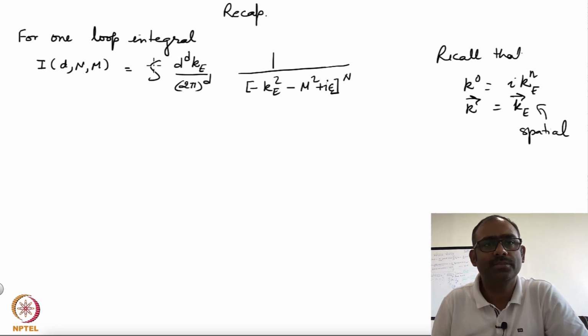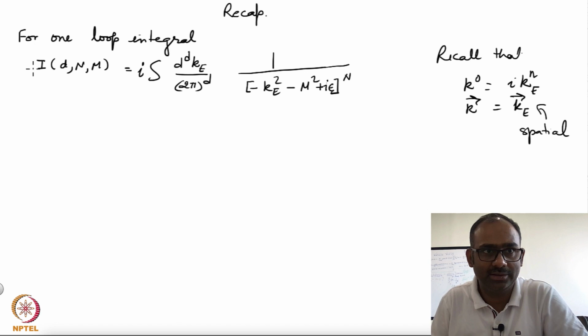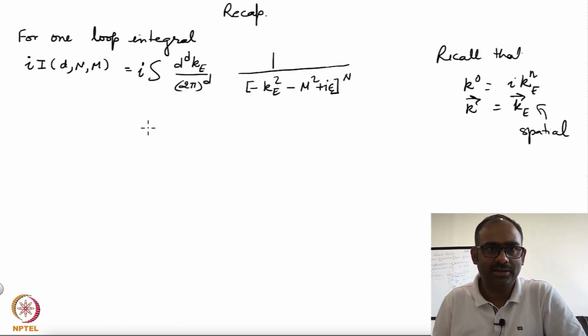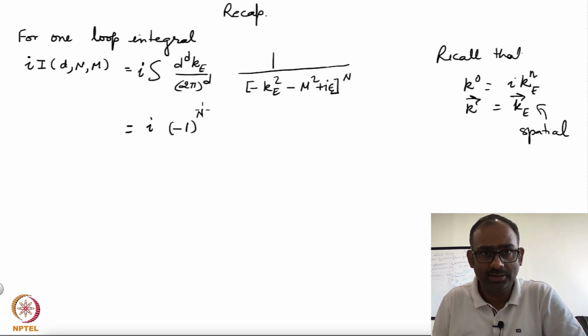Also, because of this factor of i, when I am doing one loop integrals, I am always going to get a factor of i. So, the original integral which is in Minkowski space will lead to this integral together with a factor of i. So, let me include that here. Okay, and we have seen that the result is this. We evaluated this last time, and we found that it is minus 1 to the n, where n is the number of propagators.